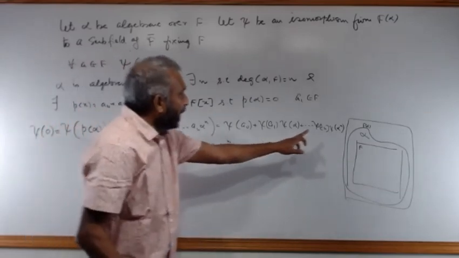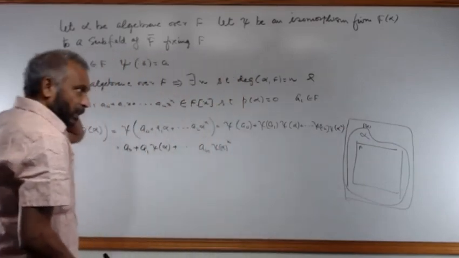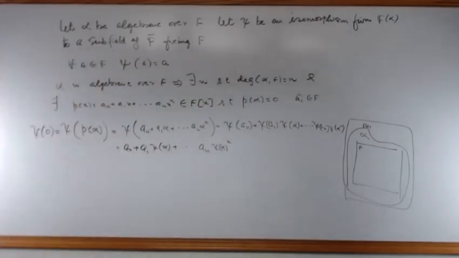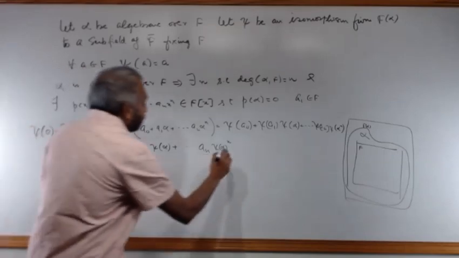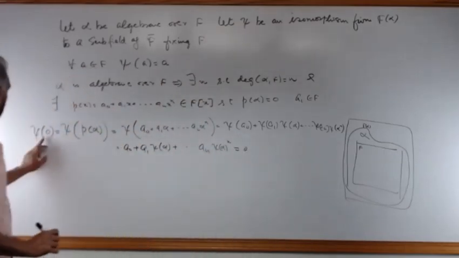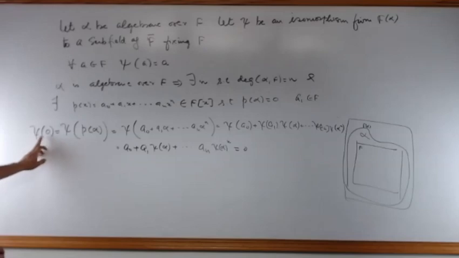We can take this n out because it's an isomorphism. And that is equal to 0, because an isomorphism maps 0 to 0.